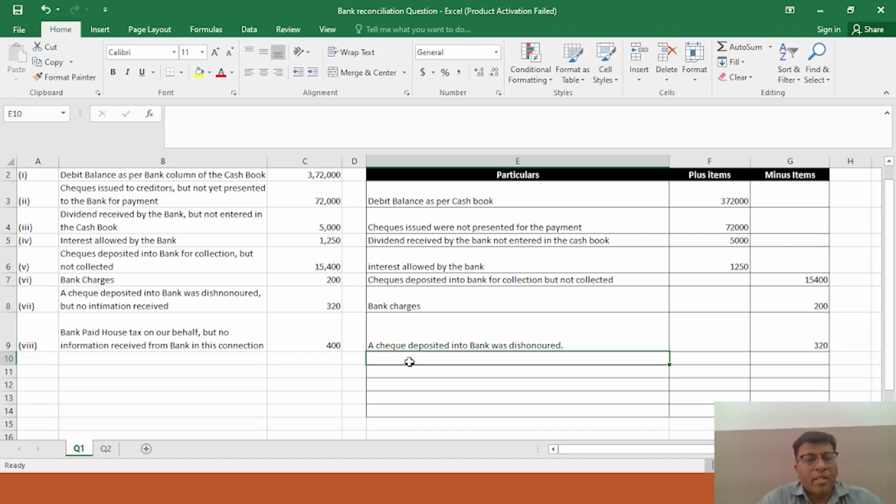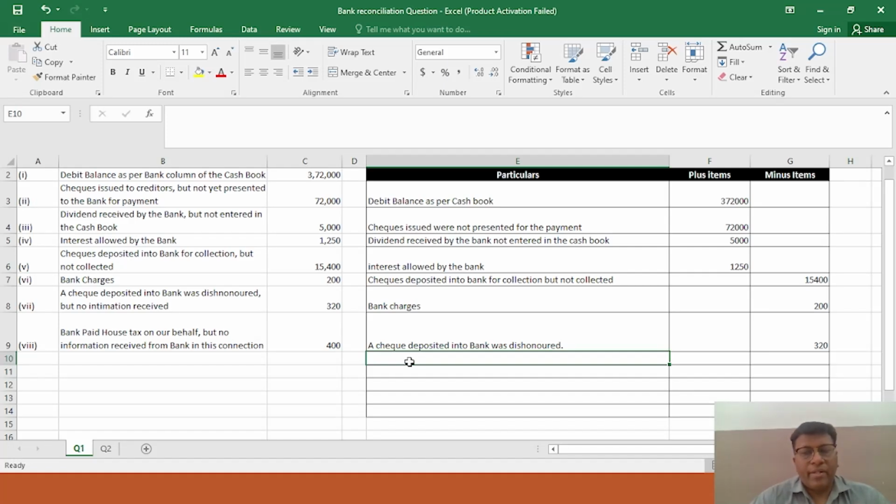But no information was received from the bank in this connection, so you are not receiving the information for this transaction, but exactly this expense took place, and the bank has debited rupees 400 in your bank account, on behalf of the house tax.